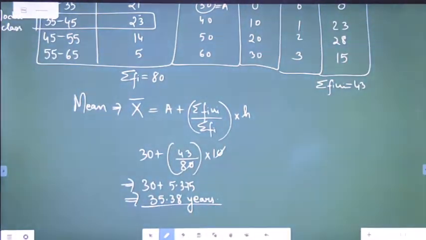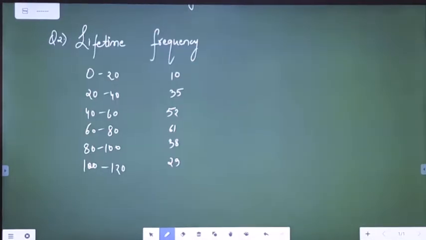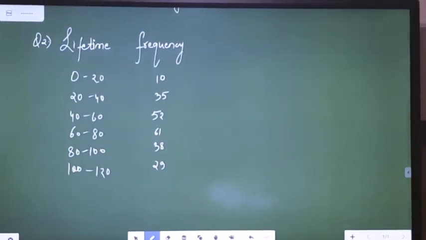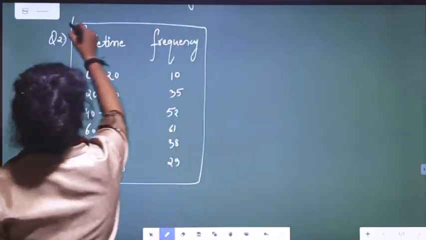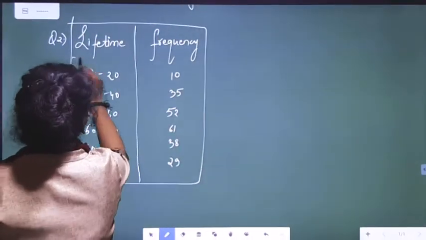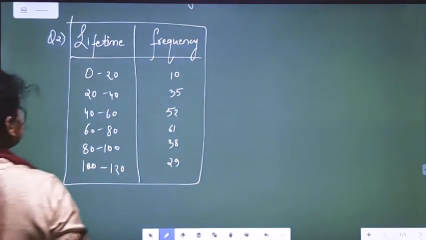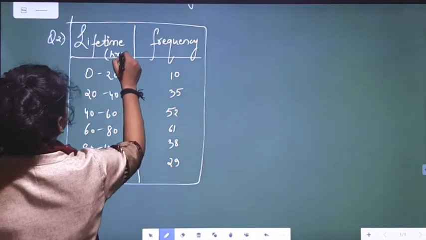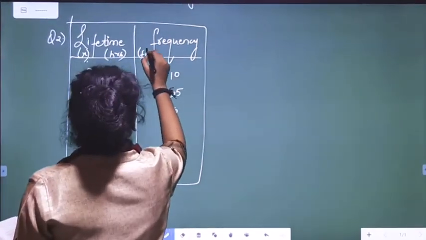Let's talk about question number 2. The table given to us is in this form. We have the lifetime in hours and frequency. See, lifetime is in hours, this is our X. This is frequency, so this is Fi.